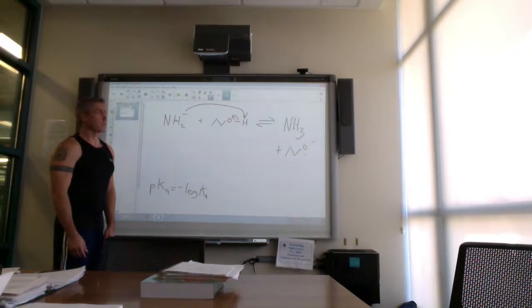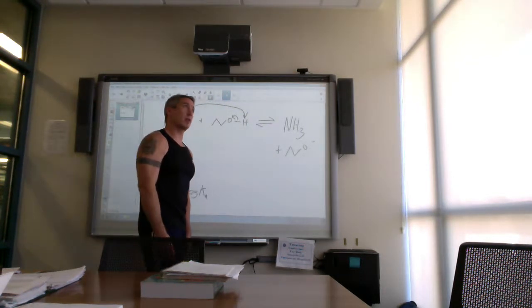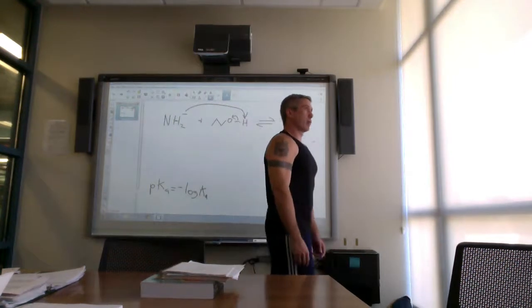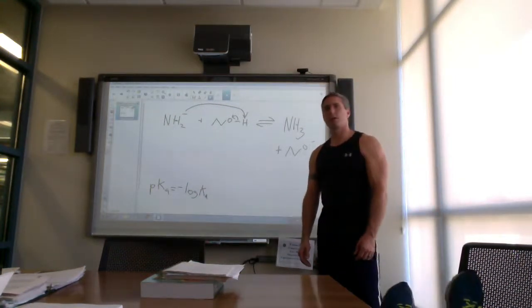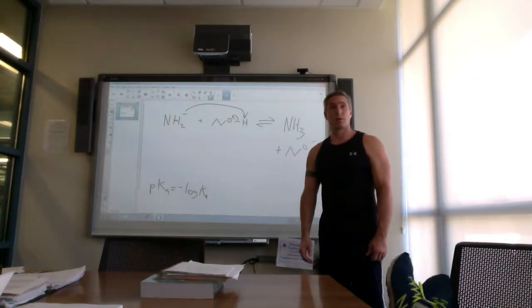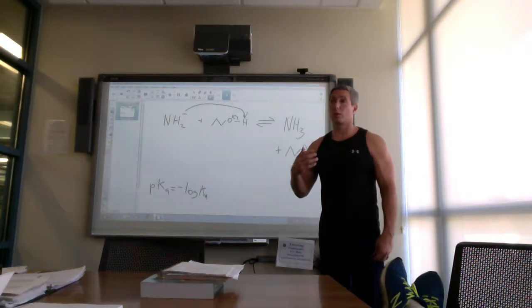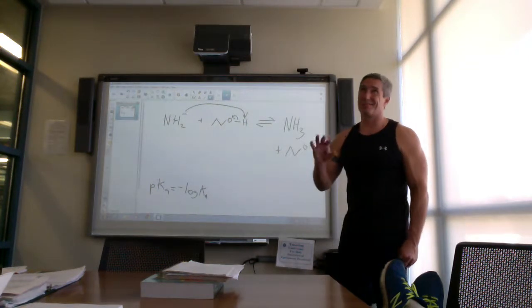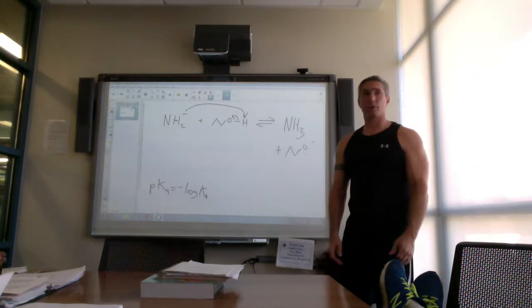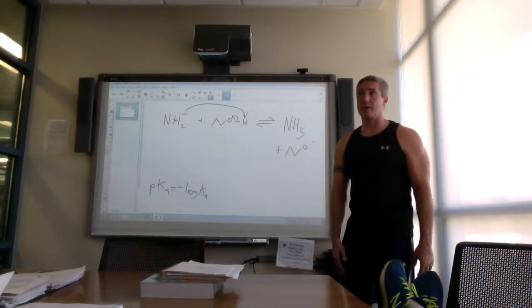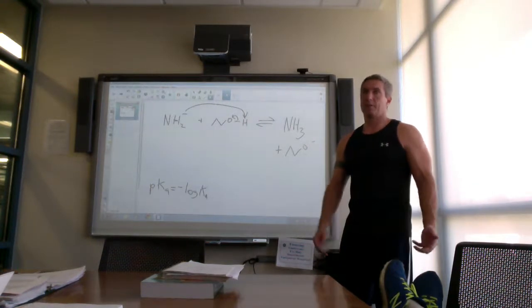Is it this one? Give the definition of a Bronsted-Lowry acid. What is an acid? A proton donor. What's a proton? For our purposes in acids, H. When you say proton, think H.